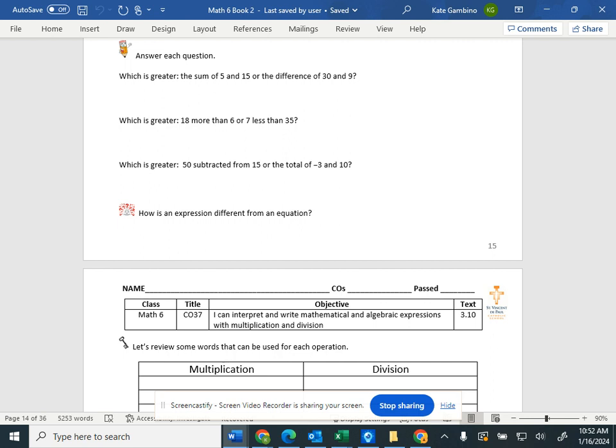So the sum of 5 and 15, I know sum means add, so 5 plus 15 I know is 20. The difference of 30 and 9, difference means I subtract. 30 minus 9 is 21. We want to know which one is greater. So I'm going to circle the greater one.